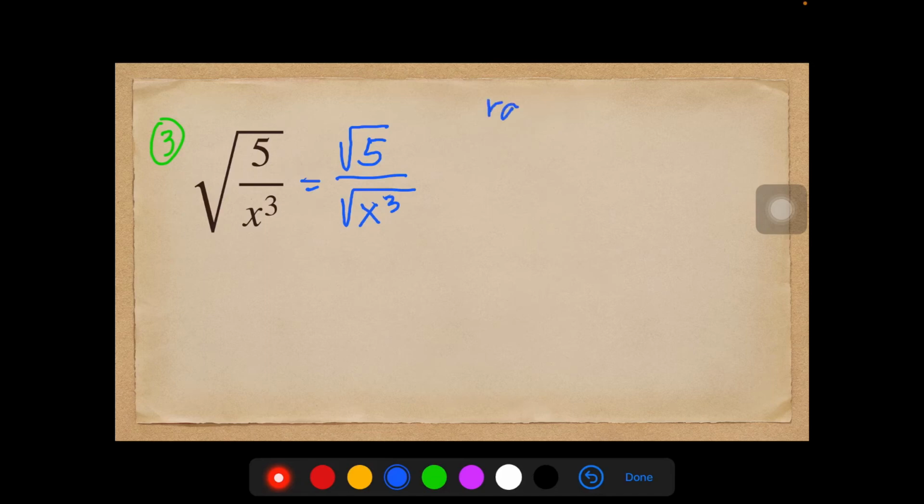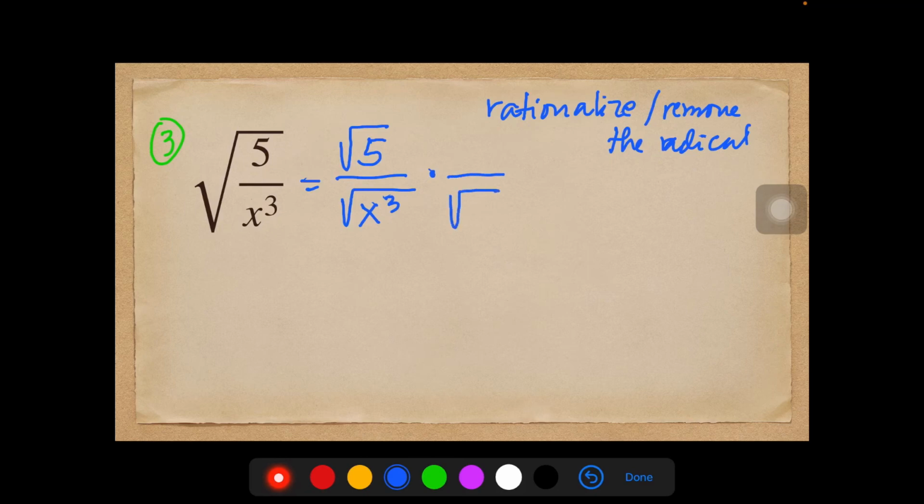The term that we are using here is we are going to rationalize the denominator, or remove the radical sign. So removing it, we're going to multiply it with the lowest number or expression so that it will become a perfect square. Now, tell me the reason why it is x.